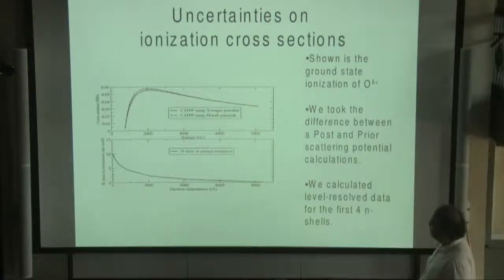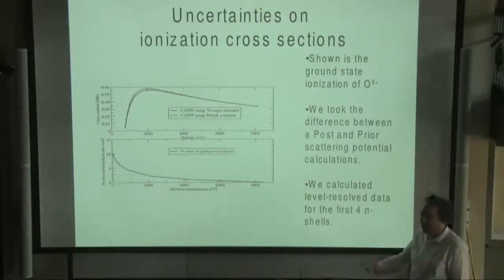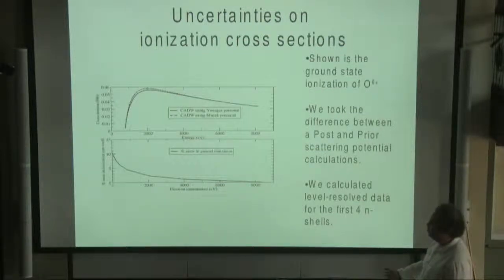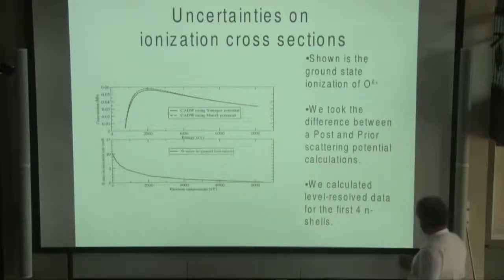This is our attempt to find a realistic and meaningful uncertainty on the ionization cross section. Of course, if we went to more neutral stages, then the ionization cross section would differ between sophisticated methods and the distorted wave. But as a first cut, this is going to give us a range of uncertainty for ionization.